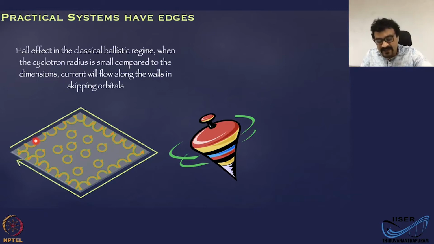But at the edges, this electron will undergo the cyclotron motion, but it will not be able to complete the full circle. It will deflect back from the edge. And there, you can see from this simple concept that you can get a current along the edge in one direction. If you invert the field, change the direction, make the field opposite, then this will be moving in the other direction.